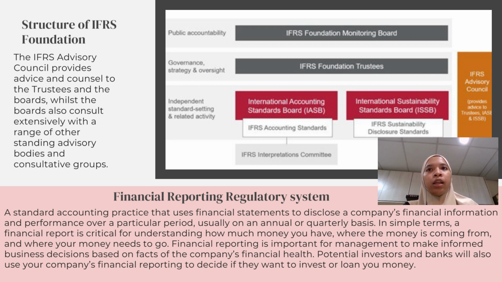In simple terms, it is to understand how the money comes to the company, and where the money will be used. So financial reporting is important to know the financial health of the company itself.